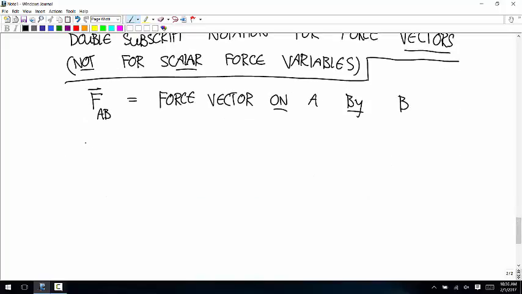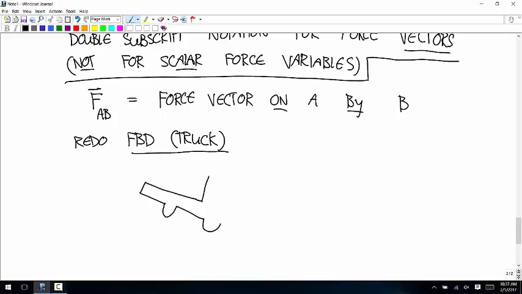And so if I redo the free body diagrams of the truck and the pig, there's a weight force down.